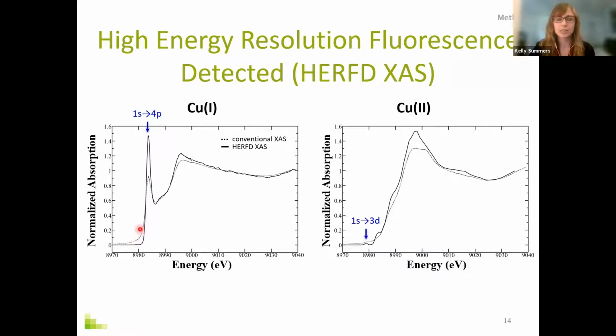The solid line is the HERFD spectrum, and the conventional XAS is now the dashed line. You can see how much sharper the 1s to 4p is in the copper 1 spectrum, and you don't actually have to take my word for it anymore. You can see that there's a 1s to 3d transition down here, and you can also see other peaks that are more well-defined in the HERFD spectrum.